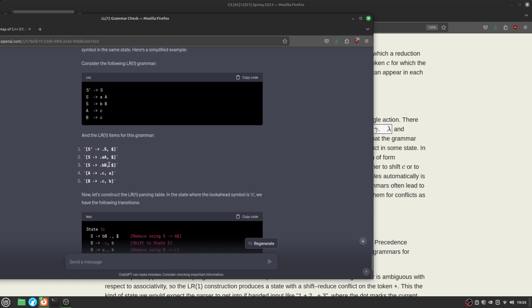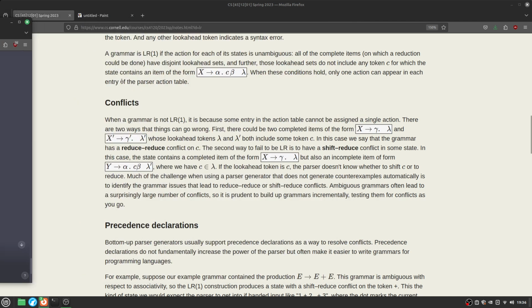Yep. So the look-ahead symbol is the end of input symbol here. The look-ahead symbol for this B is... how do you derive the look-ahead symbol again?